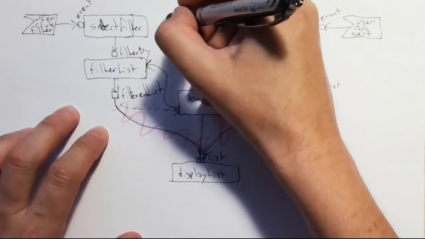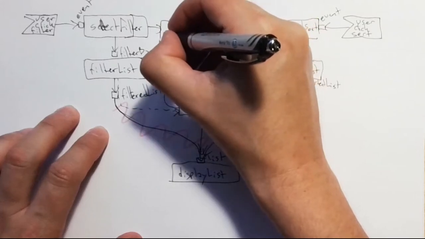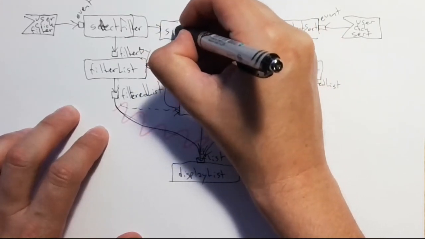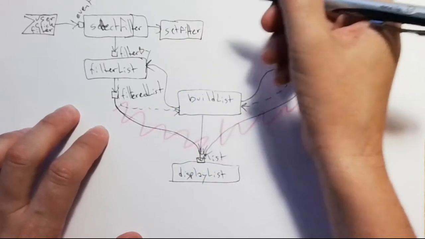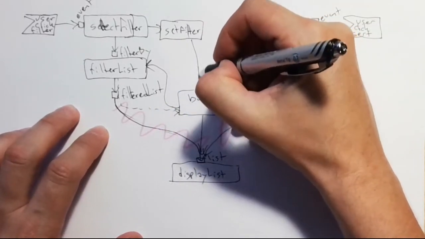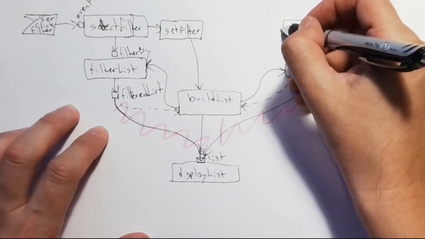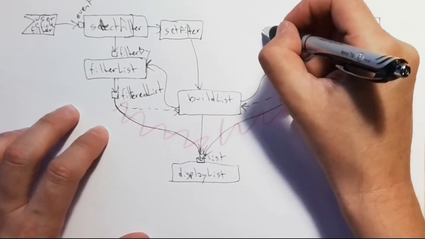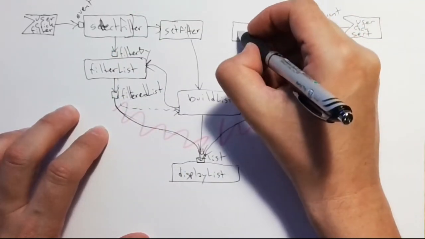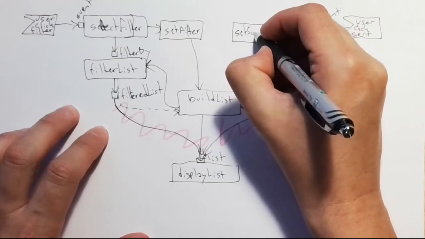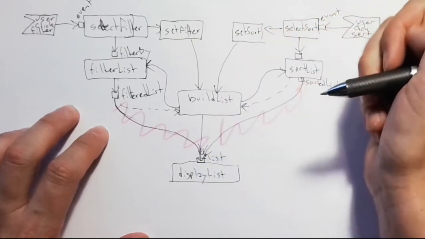Let's make one called set filter. That would set the filter and then call build list with our new filter. And then the same probably goes over here, where select sort would call set sort. And that would also call build list.